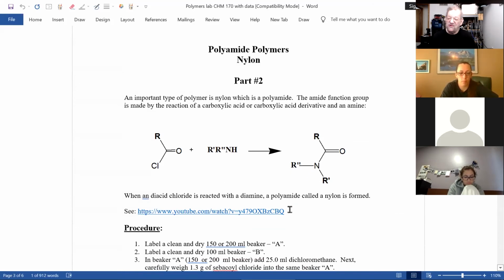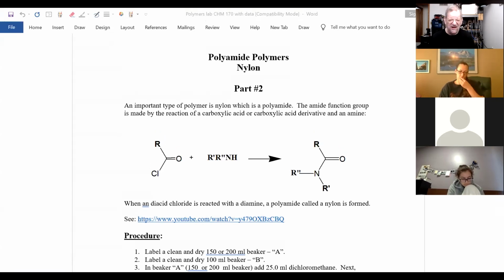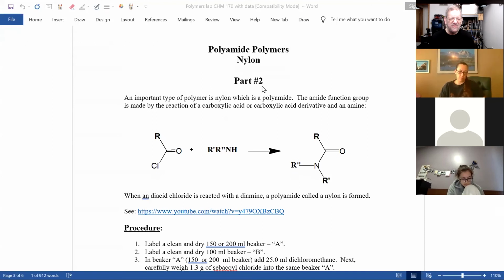And we call this nylon. And the original nylon had the acid chloride with 6 carbons in it and the diamine with 6 carbons. So it's called nylon 6,6. And in the lab, again, this is sad because you're not actually able to do this.